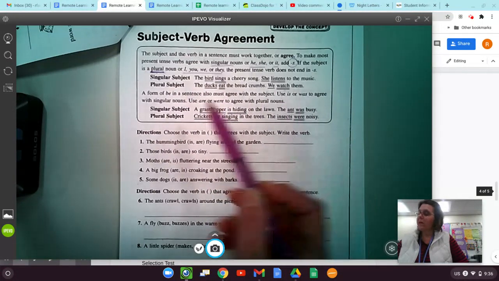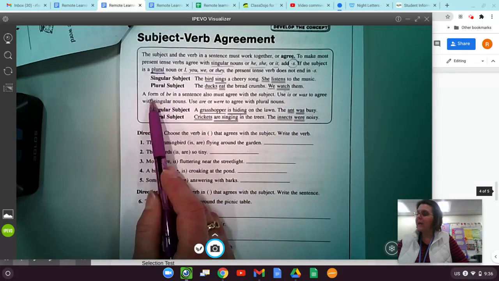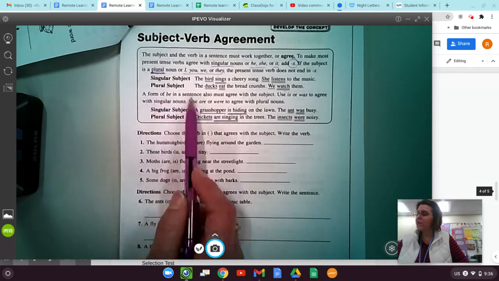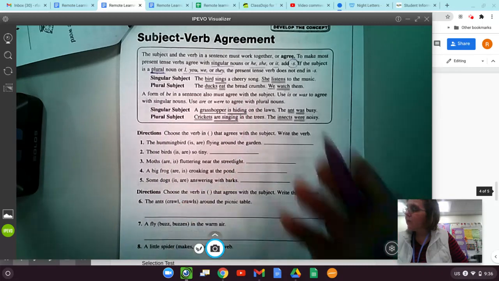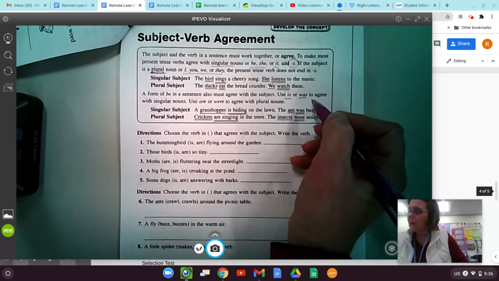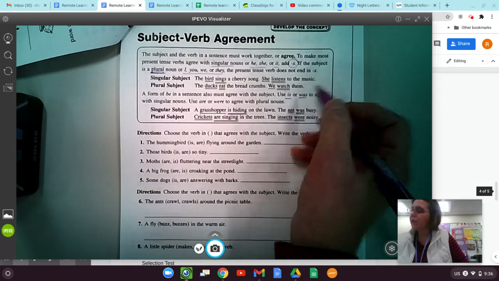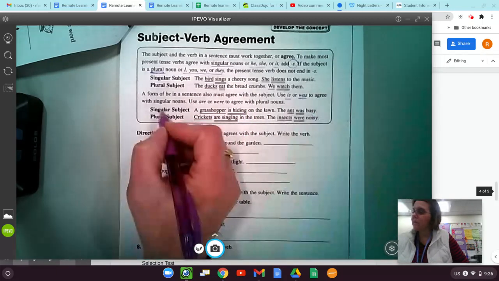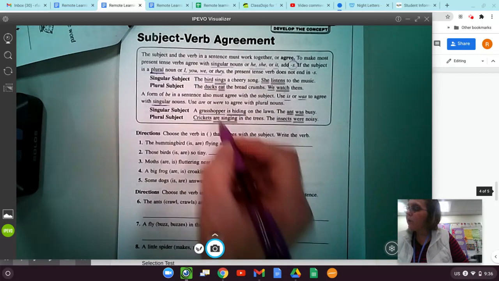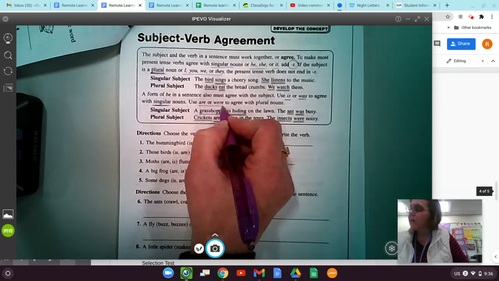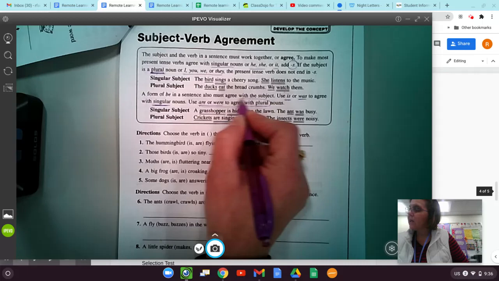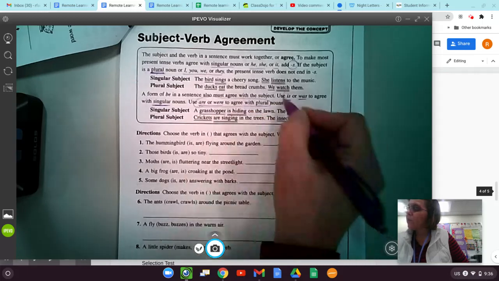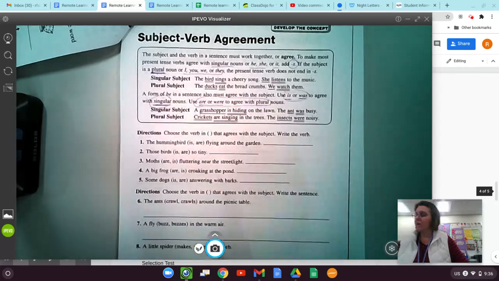Okay, so now let's take a look here. A form of be in the sentence also must agree with the subject. Use is or was, that's the form of be, to agree with singular nouns. Use are or were to agree with plural. So these go together, and is and was go with singular. So let's look.